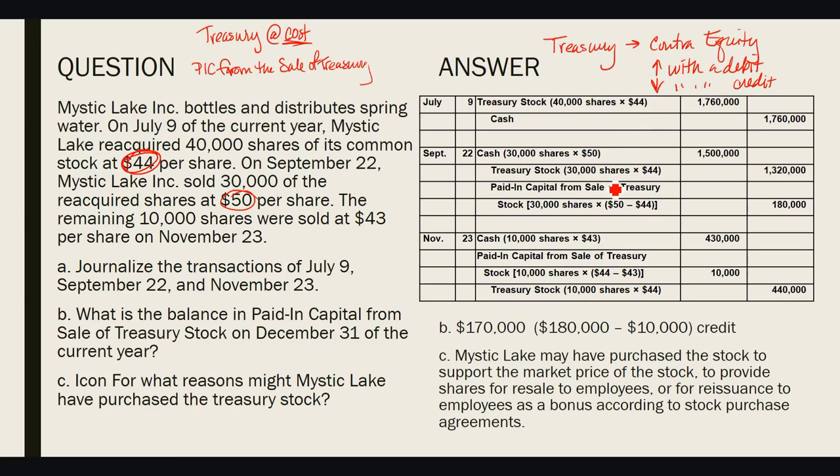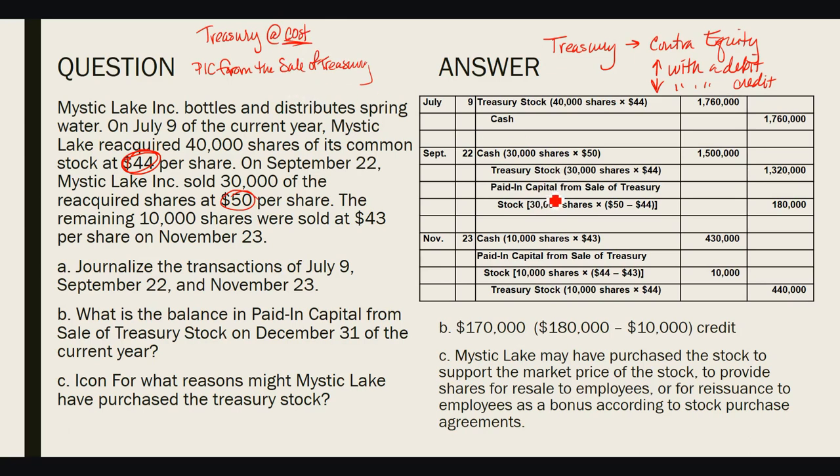So that is going to create a positive value in the PIC account, paid-in capital from the sale of treasury, because any excess or shortage on treasury stock that we resell, above or below cost, is recorded in paid-in capital.